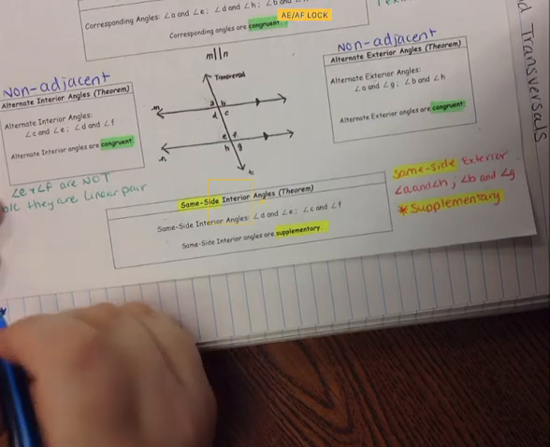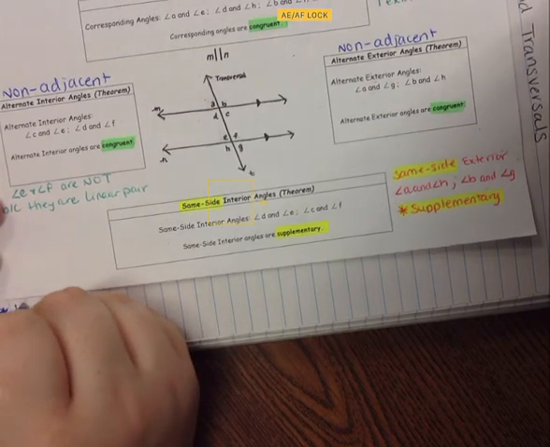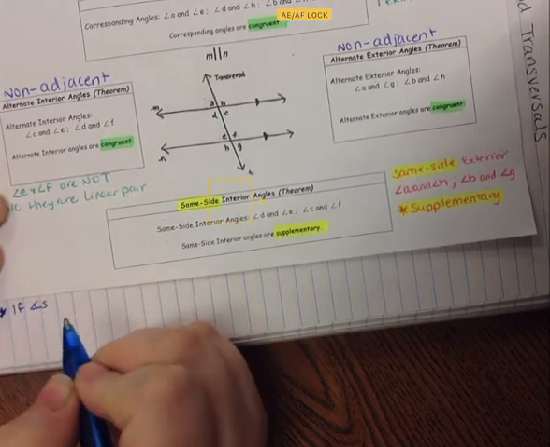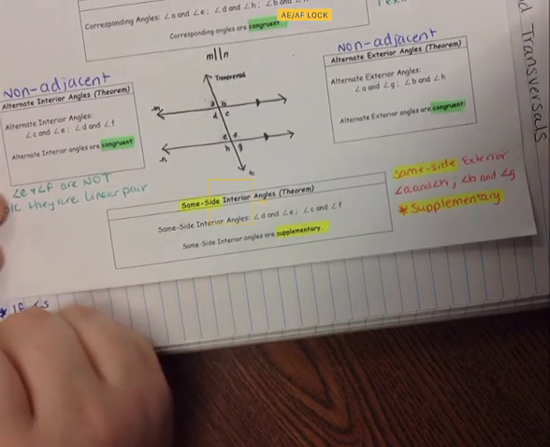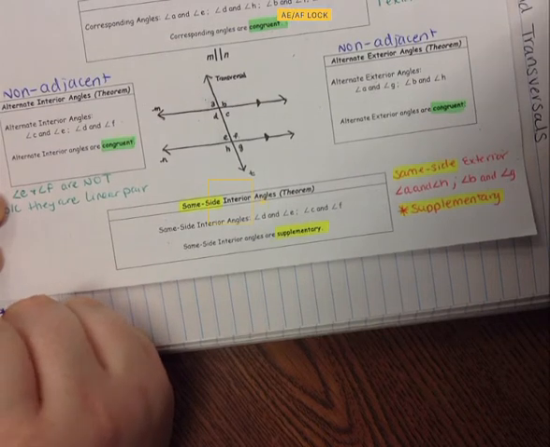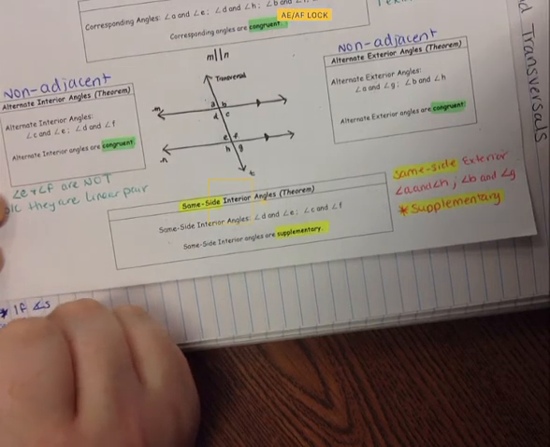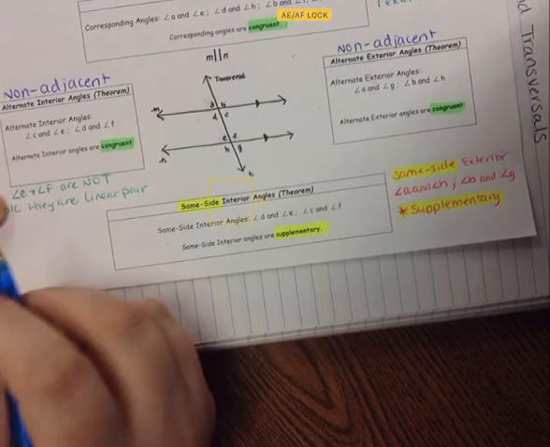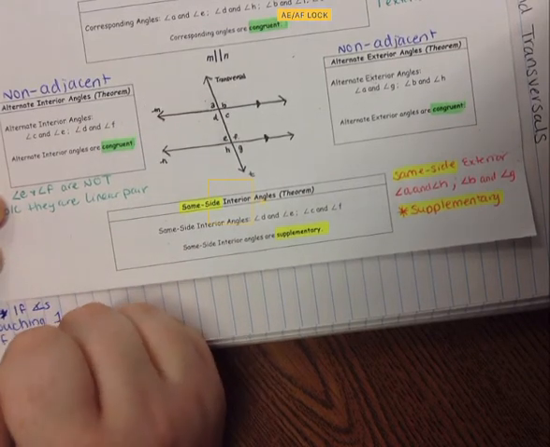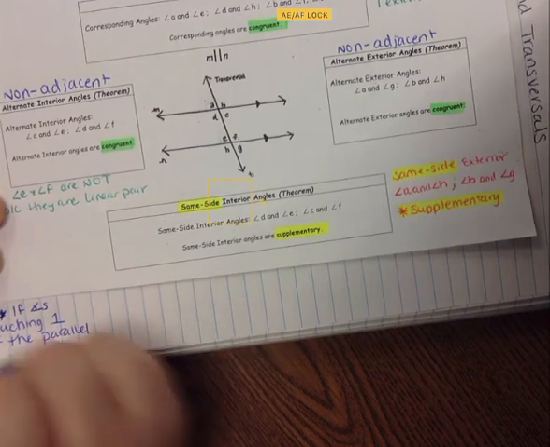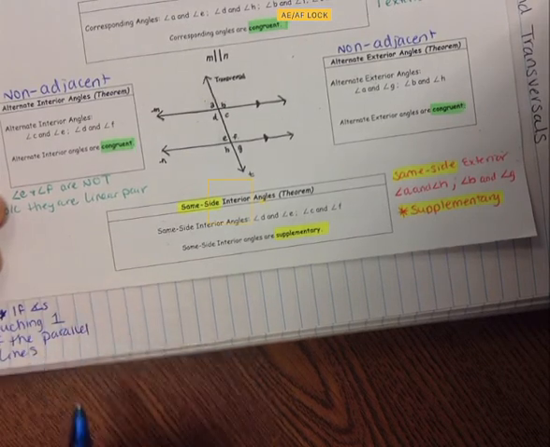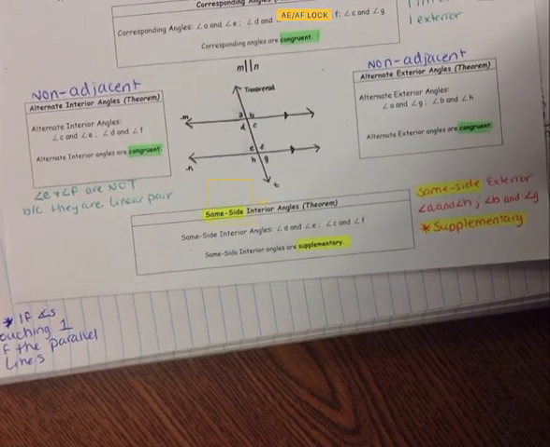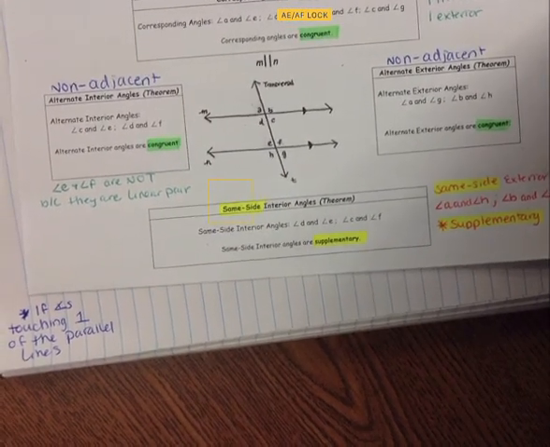The note's going to say, if the angles are touching just one of the parallel lines.